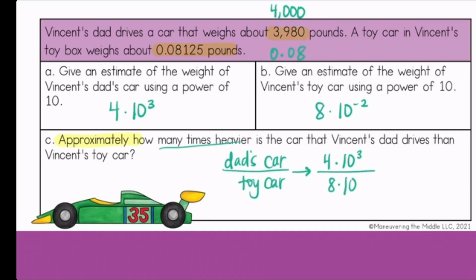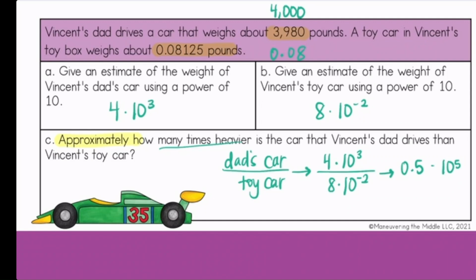Now, when I divide the first part, the 4 divided by the 8, I get 5/10 or 1/2. And then 10 to the third divided by 10 to the negative second is 10 to the fifth power. Okay, now that's not actually in scientific notation because the first value is not between 1 and 10.